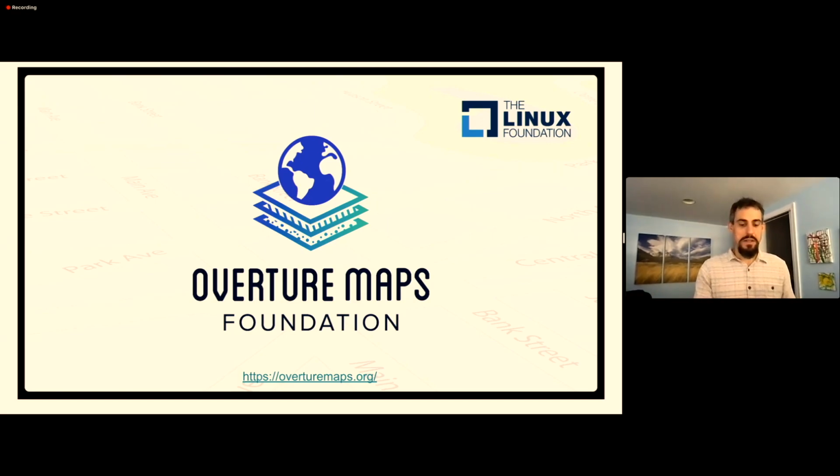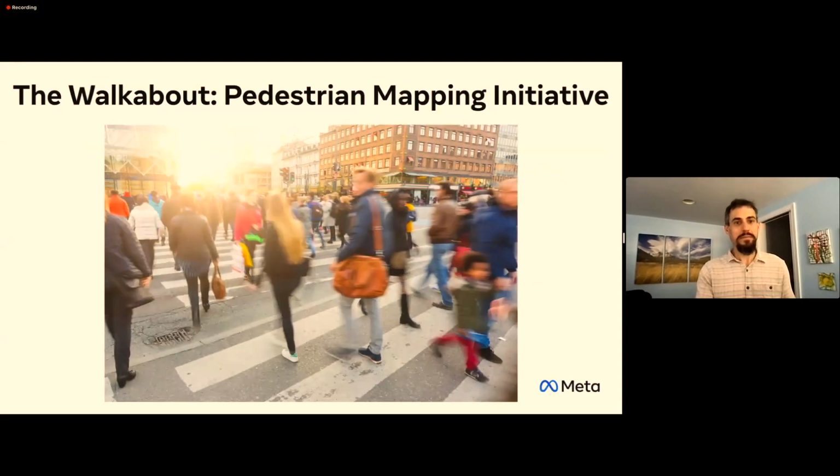Pedestrian data will soon be on that list. So what is interesting about pedestrian mapping? We started this initiative last fall called Walkabout, and this is our pedestrian mapping initiative.